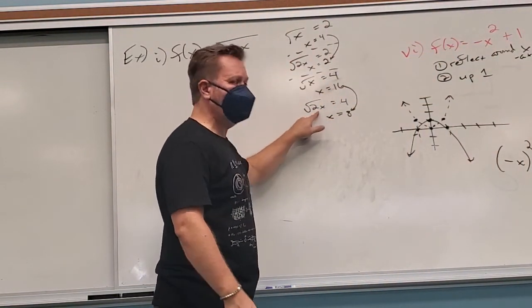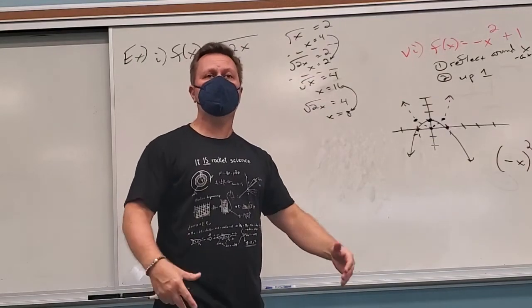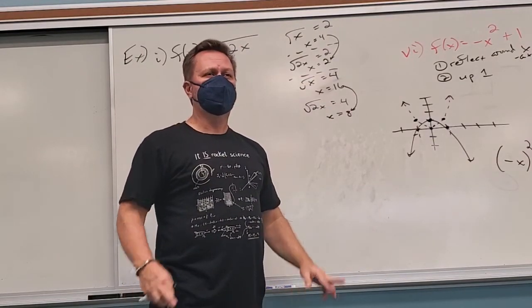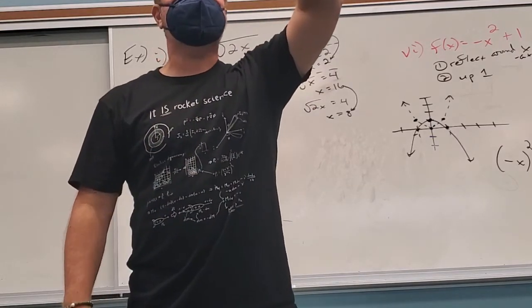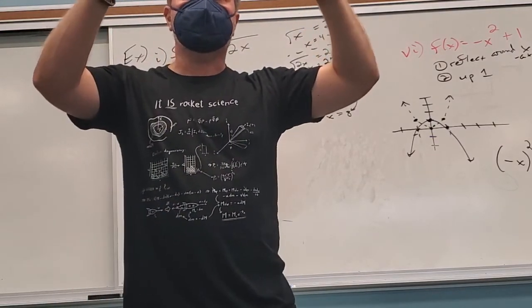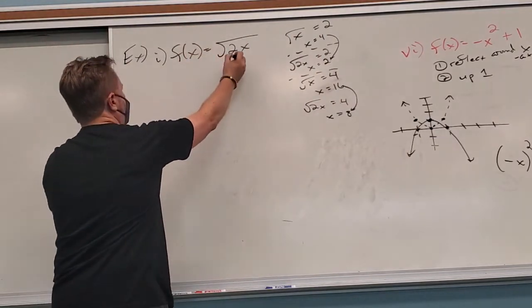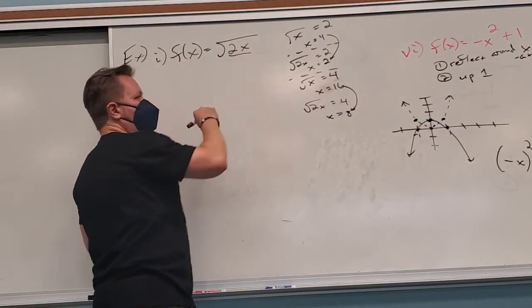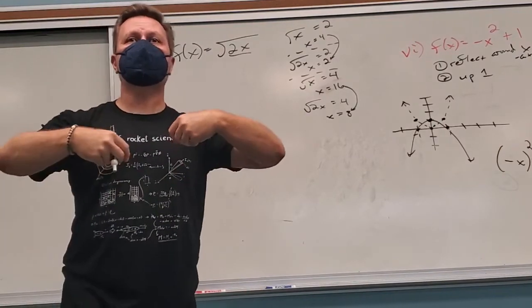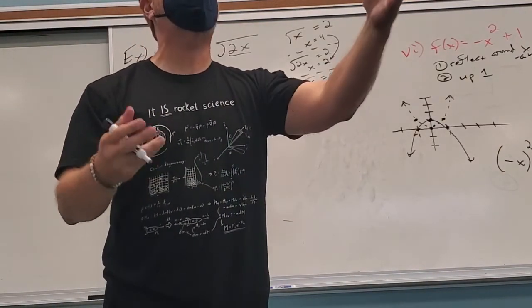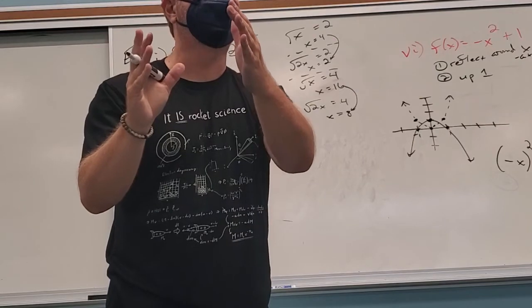Now I just have to put an 8 in to make it 4, because the first thing I do is double it. And again, what did I say before? If it's in with the x, it does the opposite of what it looks like. What is the 2 doing to the x? Multiplying. So it actually ends up cutting it in half. Why? Because I'm doubling my inputs. They can all be half as big as they used to be. That's why.